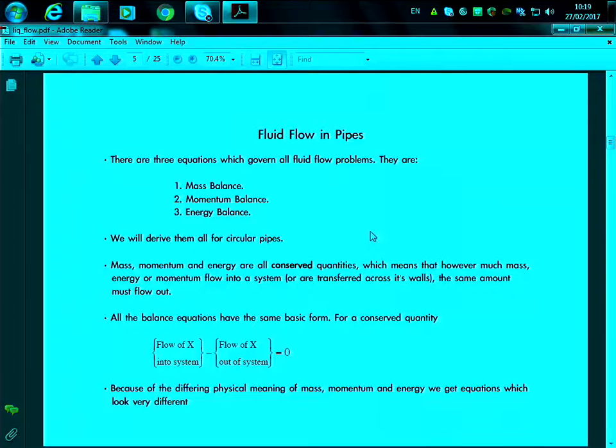This defines the dynamics of the fluid through a pipeline, and that is basically explaining the momentum of the system. So mass, momentum and energy are all conserved quantities, which means everything that goes into the system goes out. Then we have the same balance equation: flow into the system minus flow out of the system equals 0. Okay?